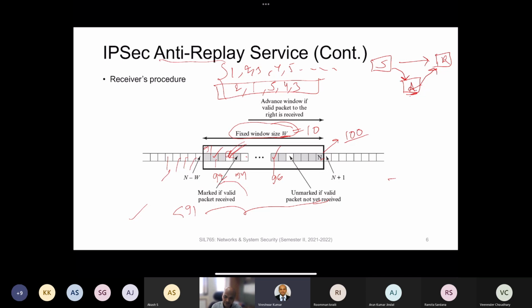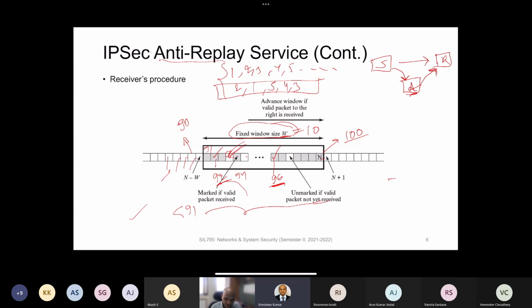And that is the reason why the packets could reach late. So the counter value could be lower, but the packets would reach at a particular time where the counter values from the benign sender are high. So the benign sender is, let's say, sending 92, but the packet 90, when the sender had sent packet 90, had gone to the attacker, and then the attacker has replayed it.